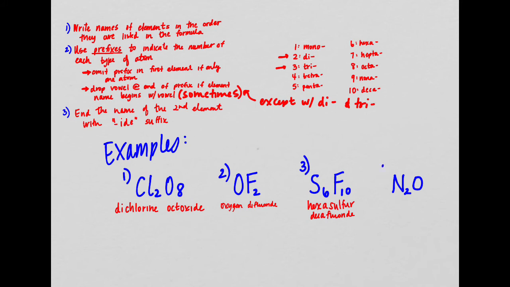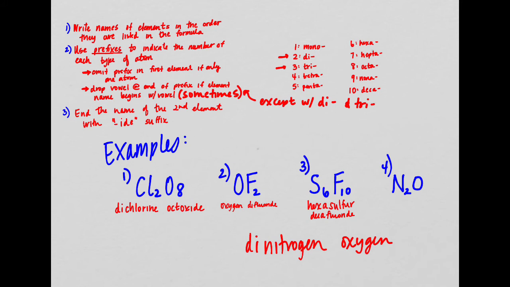And finally, number 4, in this situation we have nitrogen and oxygen. We have 2 nitrogens, so this will be dinitrogen, and we have 1 oxygen.